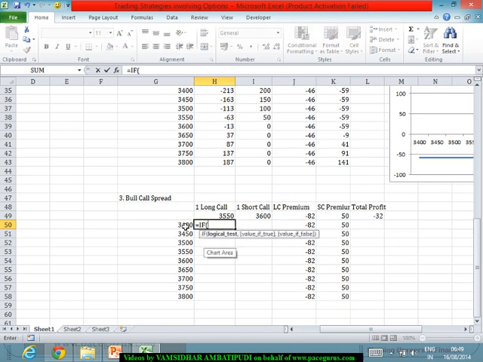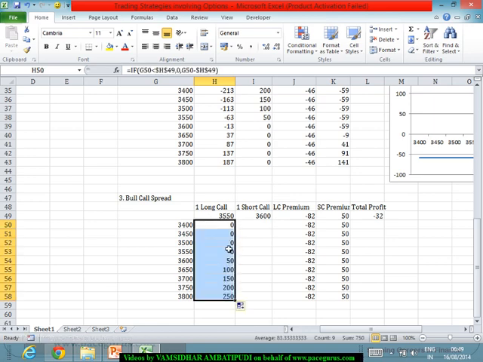If it is less than 3,550, I will simply let the call option expire, giving me a benefit of 0. Otherwise, I will execute it at 3,550, which gives me a benefit of the difference. So initially when the market price is 3,400, I will not exercise it. But when it has gone to 3,600 or 3,650, I am exercising it, giving me these kinds of profits.